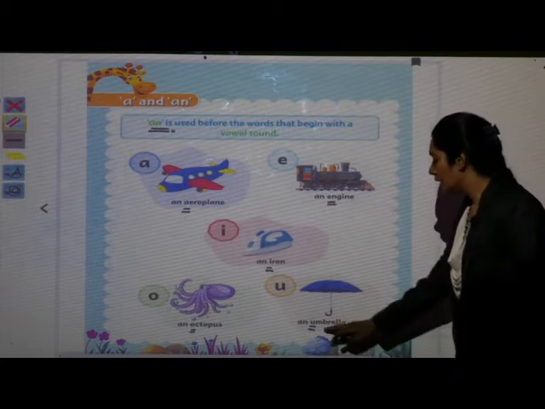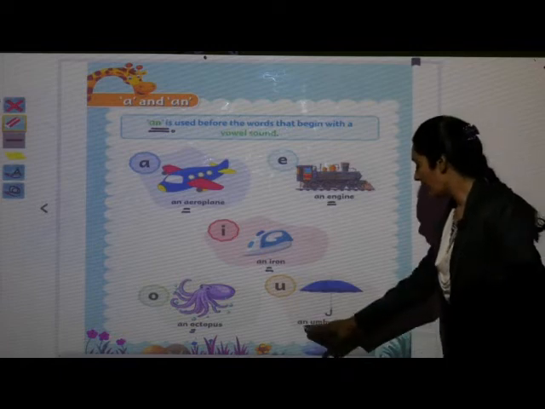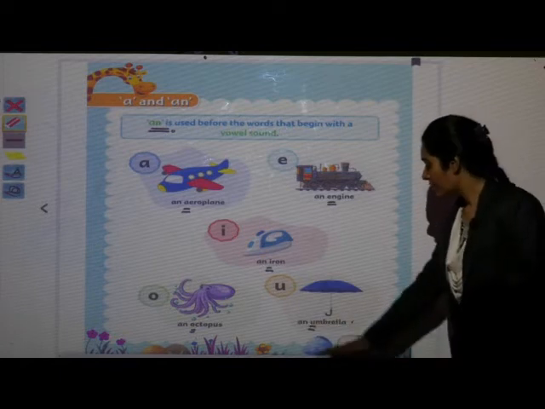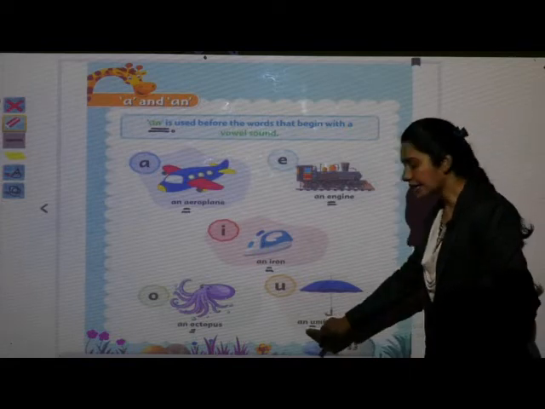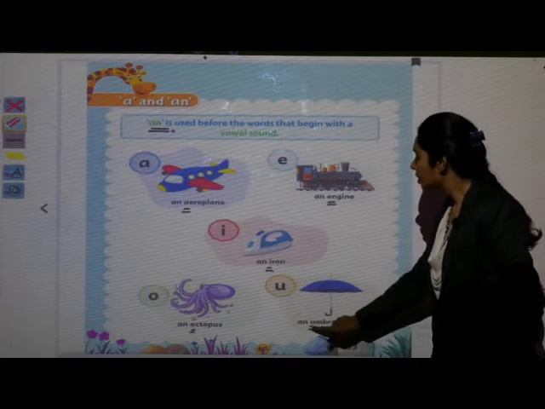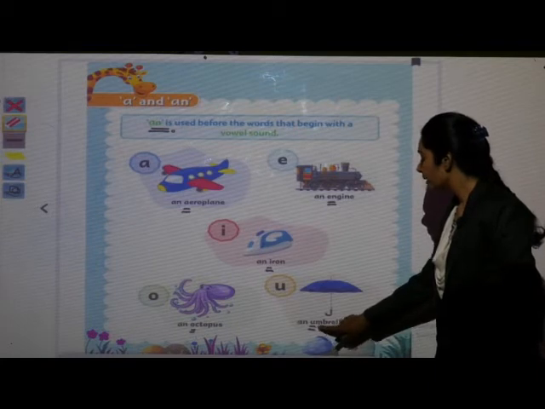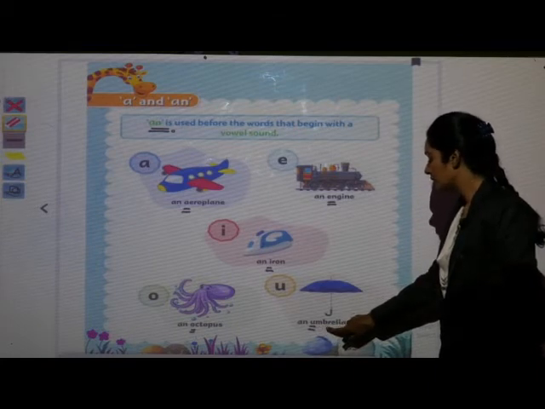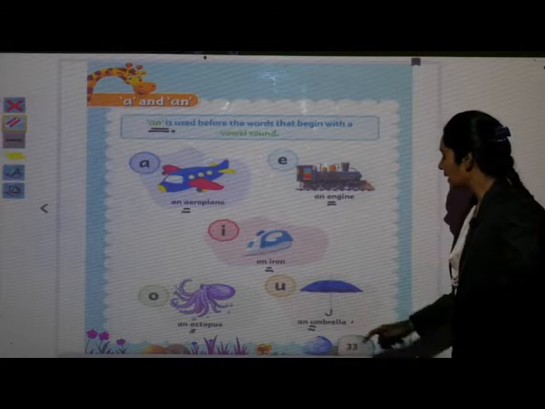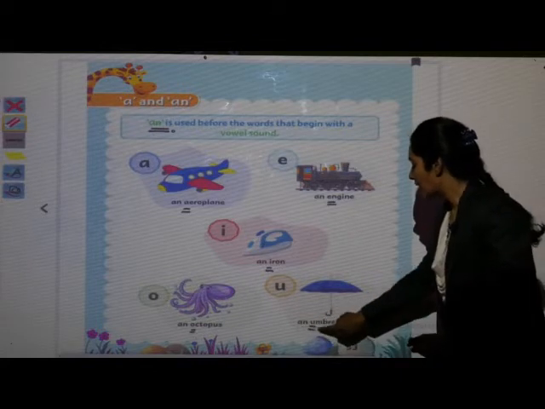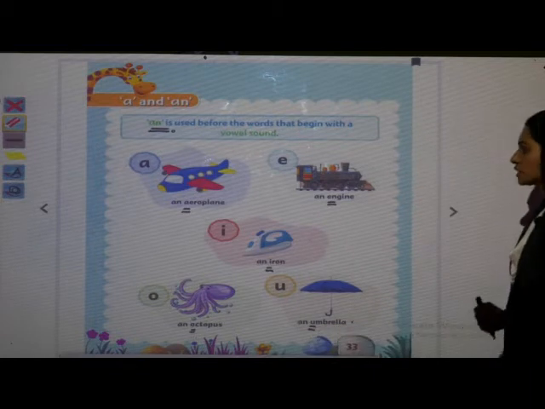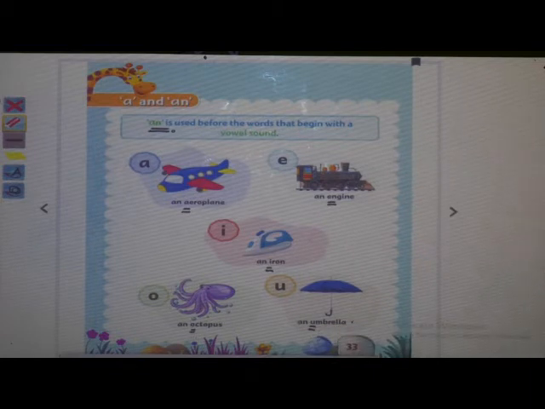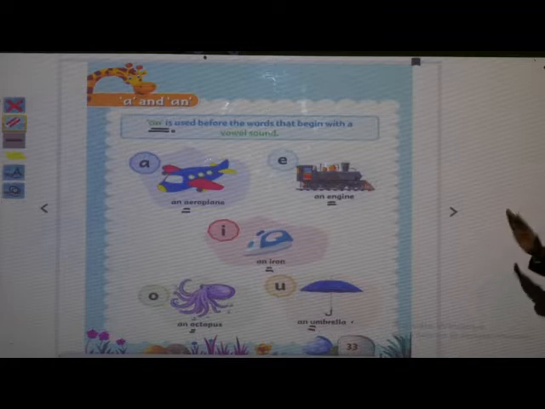U-M-B-R-E-double-L-A, umbrella, an umbrella. One more time we'll read the spelling. U-M-B-R-E-double-L-A, an umbrella. So children, before vowel sound we should use an, an article.